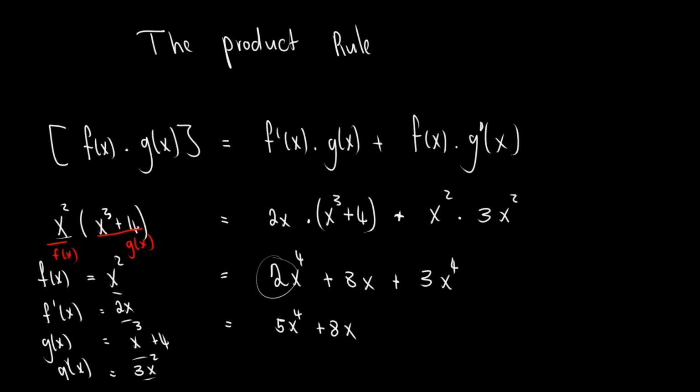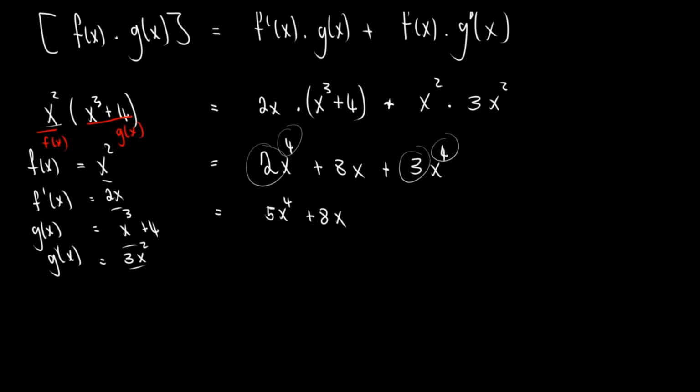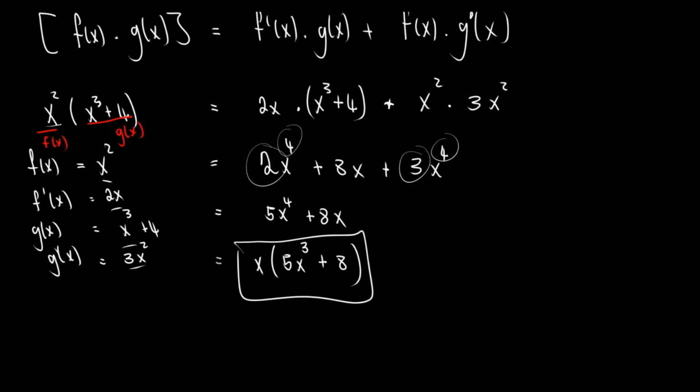Why? Because I have 2 plus 3, that gives me 5. We can add them together because they are the same unit. And then I can simplify this one if I really want to be a little bit extra fancy. Well, I can take out 1x. And this is going to give me x raised to the 3rd plus 8. And this will be my final answer.